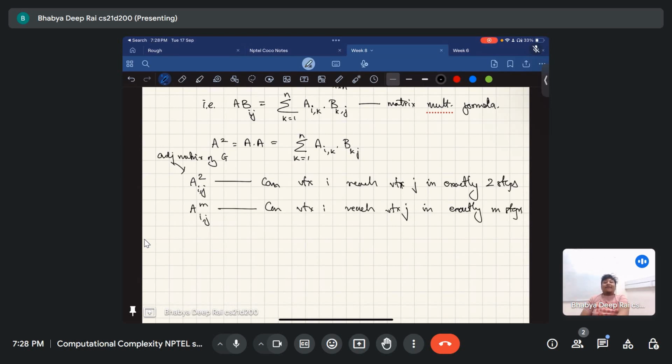So this is what we have, right? And this is reachability. But this is not exactly reachability. Why? Because we are talking about exactly. The term here is exactly. So this is what I prefer to call reach M.